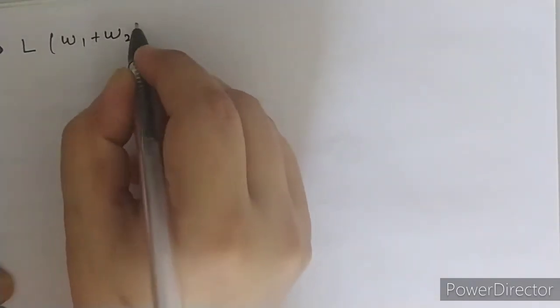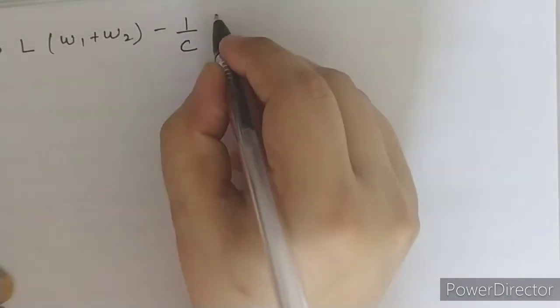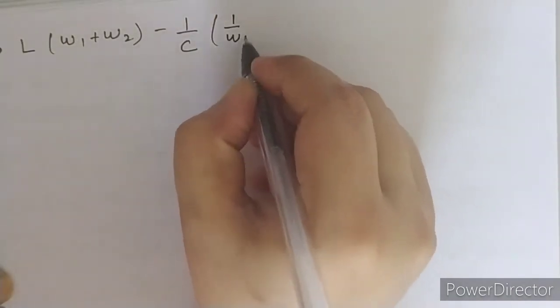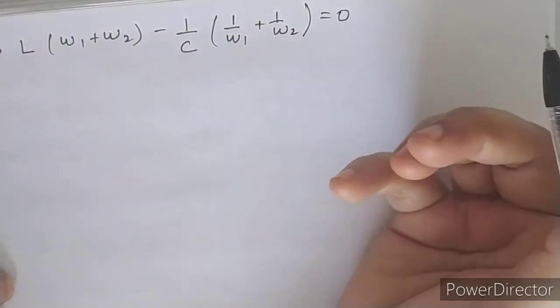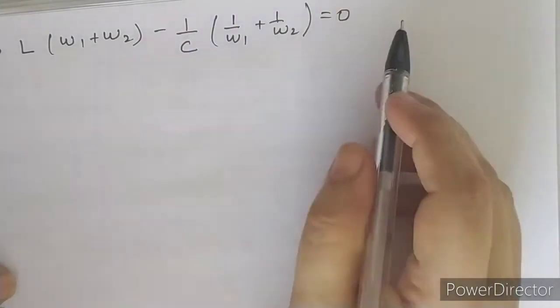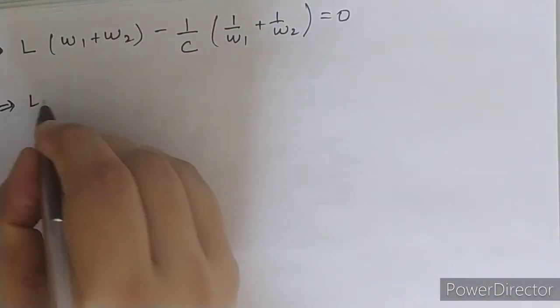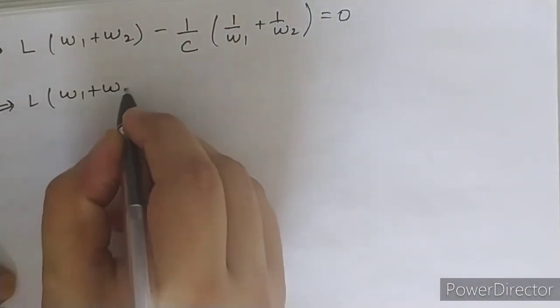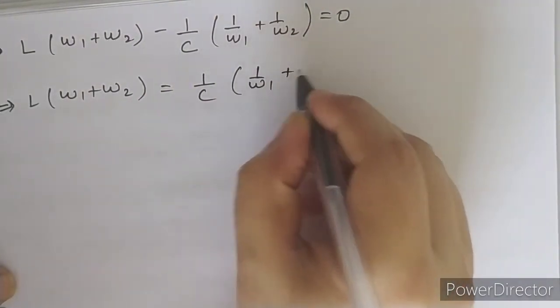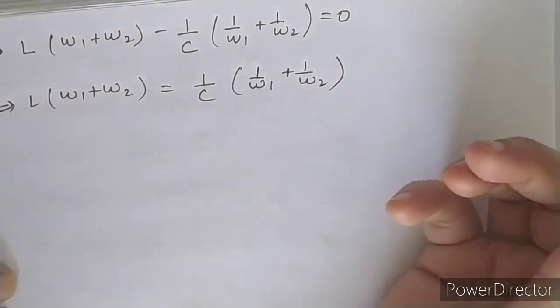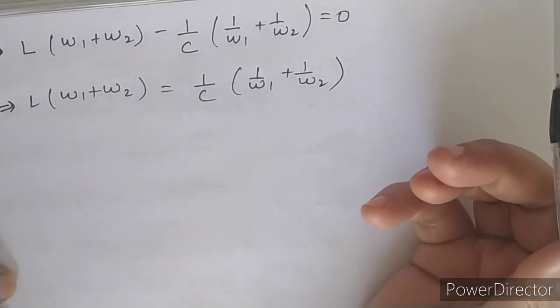So the equation will be L times omega 1 plus omega 2 minus 1 upon C times 1 upon omega 1 plus 1 upon omega 2 is equal to 0. Sending this to the other side, it will be in the plus form: L into omega 1 plus omega 2 is equal to 1 upon C into 1 upon omega 1 plus 1 upon omega 2. Clear?